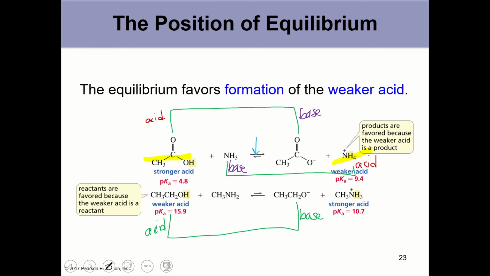Since you have to have both an acid and a base in the reactants, if the alcohol, the CH3CH2OH, is the acid, then the CH3NH2 has to be the base. And in the products, if the CH3CH2O- is the base, then the CH3NH3+ has to be the acid.